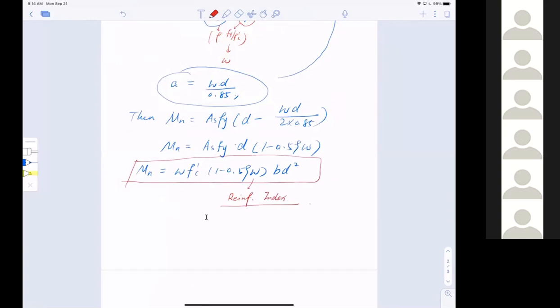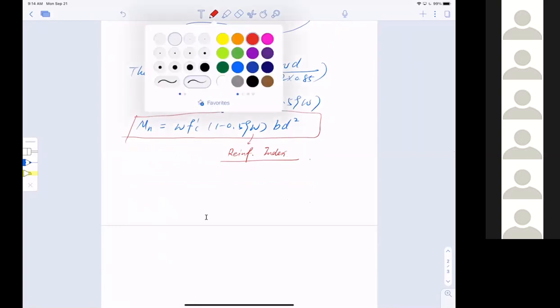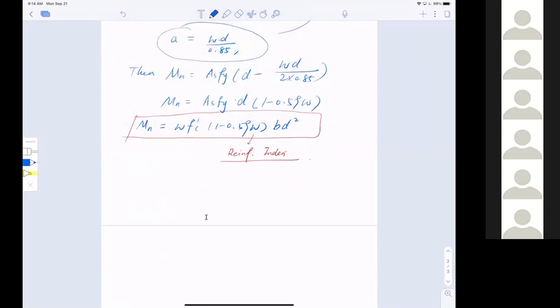And this just doesn't look very concise, clean, right? So I'm going to introduce another parameter and I call it R, the so-called flexure resistance factor, defined as omega F prime C, bracket 1 minus 0.59 omega.